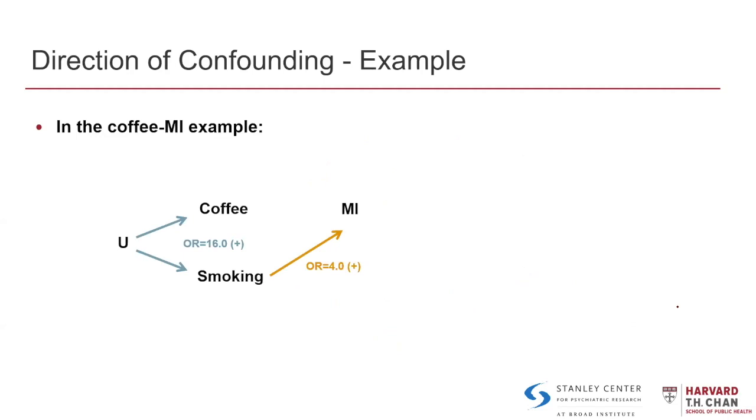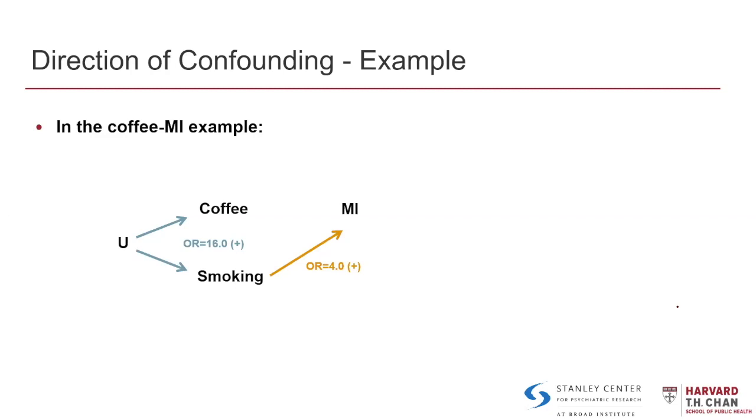So let's look at this simple example. In the coffee and MI case, we have seen that we have an odds ratio of 16 between coffee and smoking, and between smoking and MI, the odds ratio was 4.0.